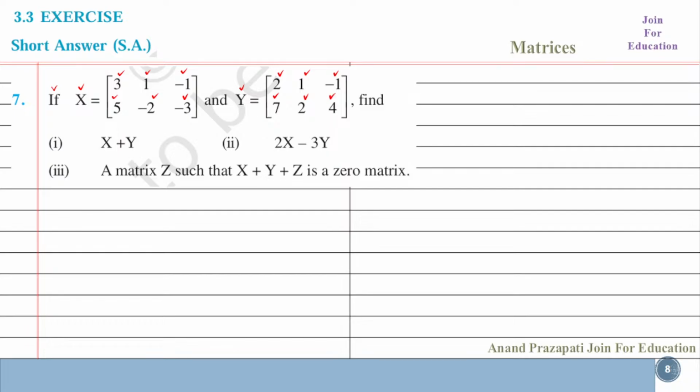This question asks us to find first X plus Y, second 2X minus 3Y, and third a matrix Z such that X plus Y plus Z is a 0 matrix. Let's see the solution of this question.